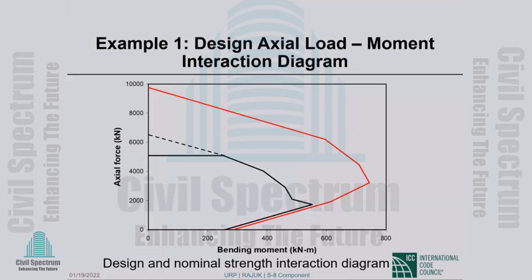If there is going to be tension in your bar under any of the load combinations that you are considering in your design, then you better use a tension lap splice, not a compression splice on that bar. That is number one.